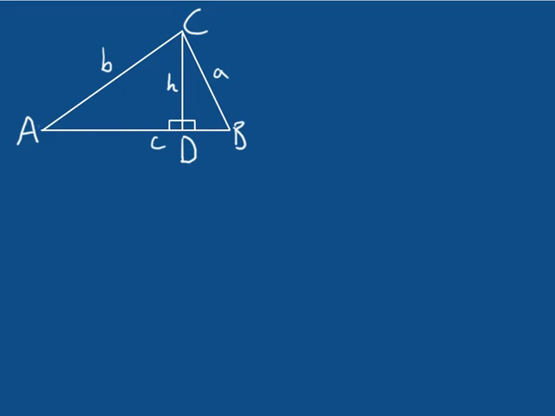Well, in ACD, if A is the angle that we know, h is opposite that angle, and b is opposite our right angle. So b is our hypotenuse. So we're dealing with the opposite and the hypotenuse. That's related with sine of the angle. So sine of the angle is equal to opposite over hypotenuse.